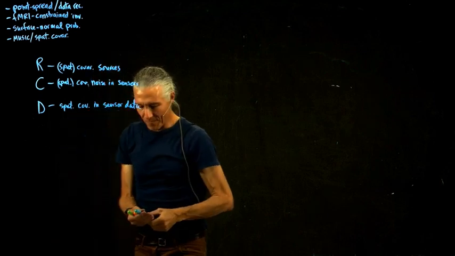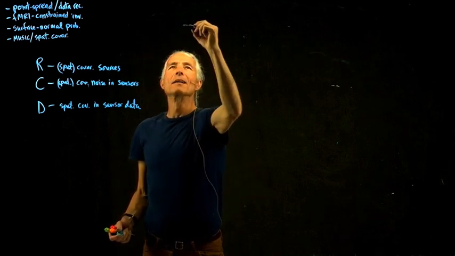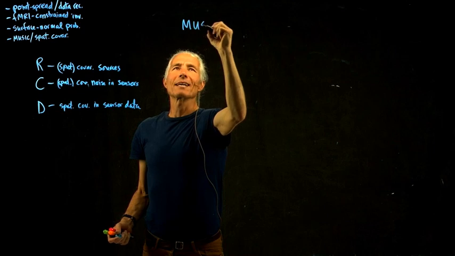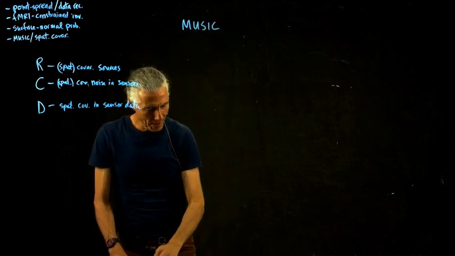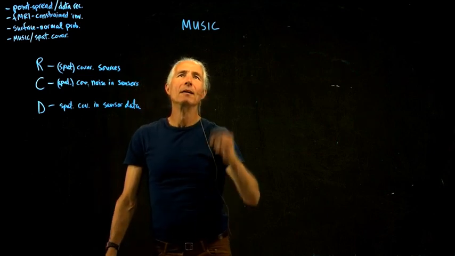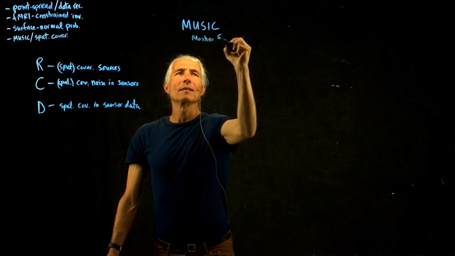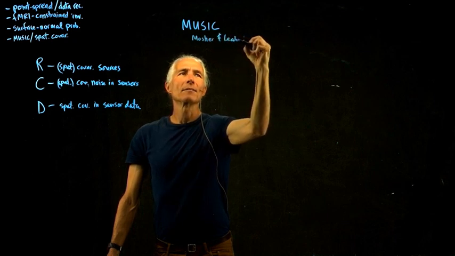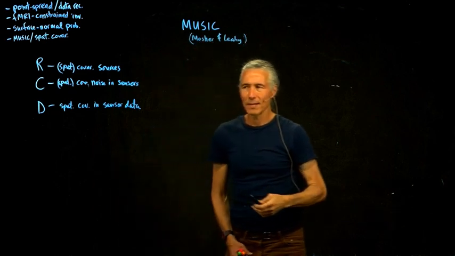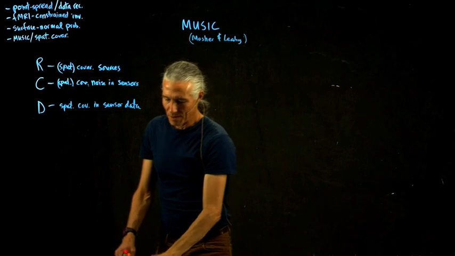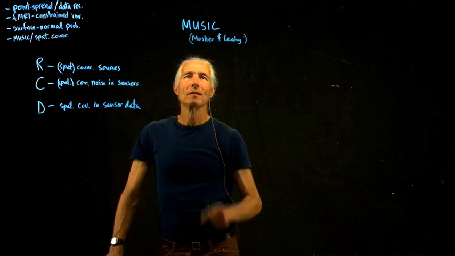So this was originally called, in the 90s, MUSIC. I can't even remember what that stands for, but it was called MUSIC. There was a paper by Mosher and Leahy, if you want to go back and look at the original one. And then Anders modified it in our inverse paper.